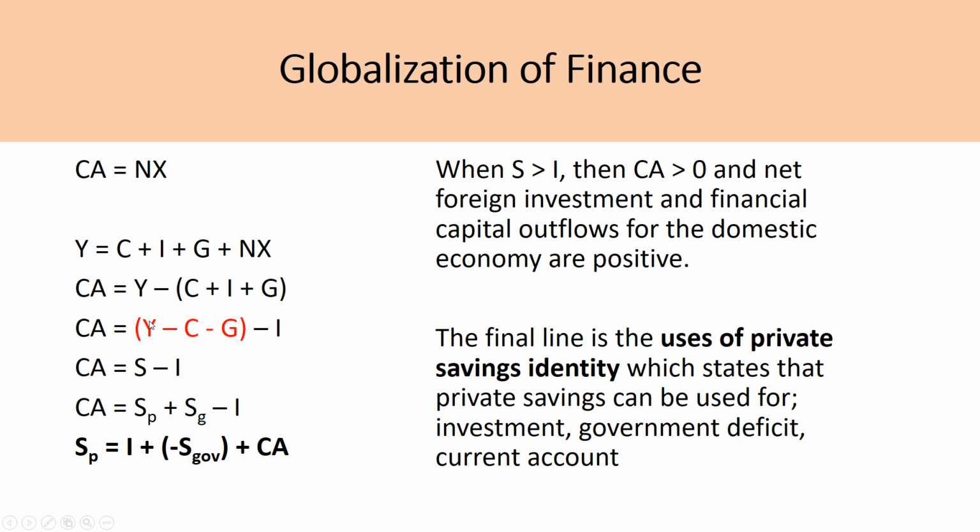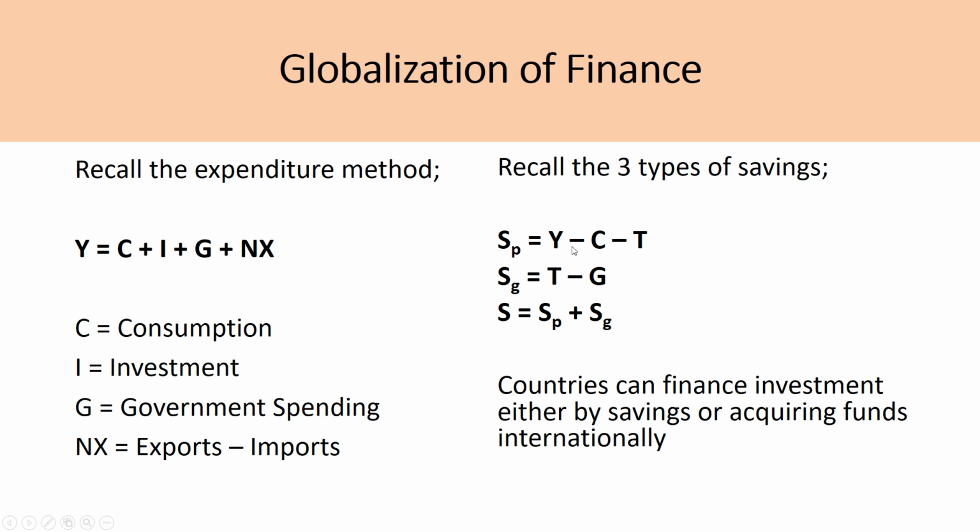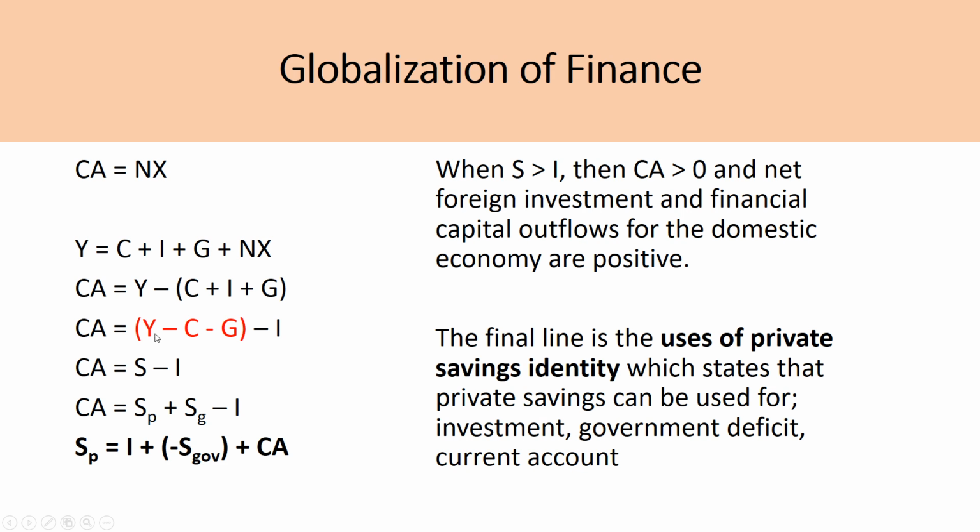If you look up over here, Y minus C minus T plus T minus G gives total savings. We can cancel out the T to get Y minus C minus G, which is total savings. So that's what we have here. Y minus C minus G, that's total savings. We can replace that with S, and so the current account equals S minus I, where I is investment.